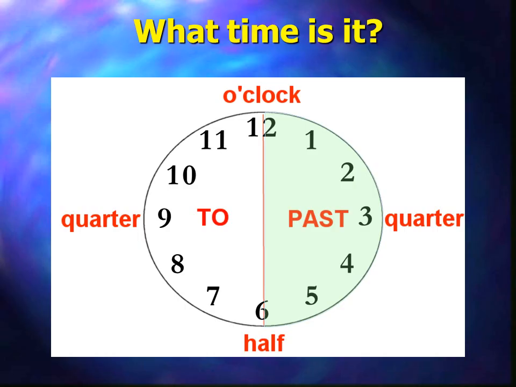On the other side, between the 6 and the 12, we would call that "to." So in this case, the minute hand is pointing towards the 8. So we would say that it is 20 minutes to the next hour. So, for instance, it would be 20 minutes to 10.